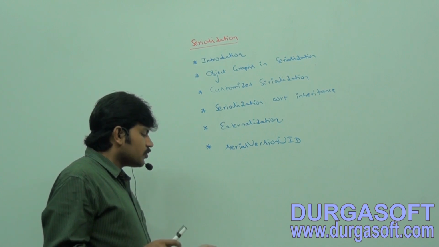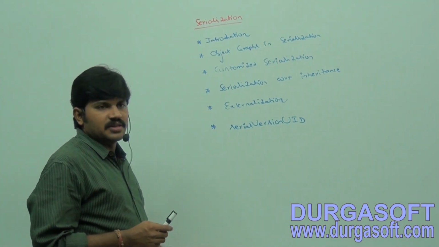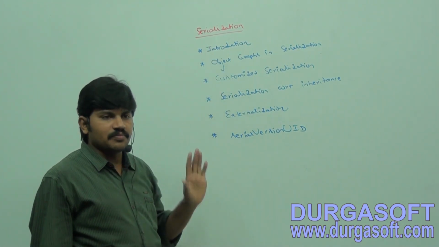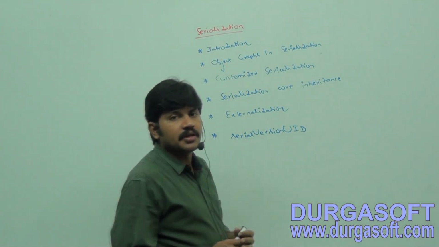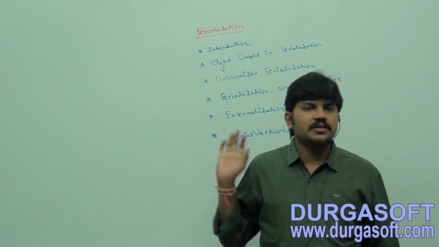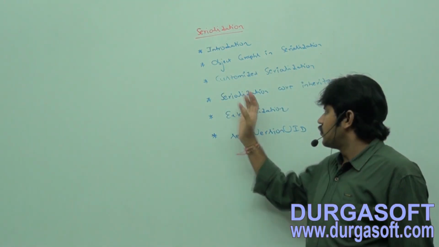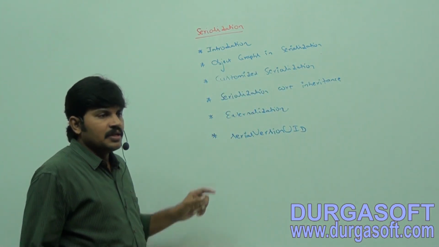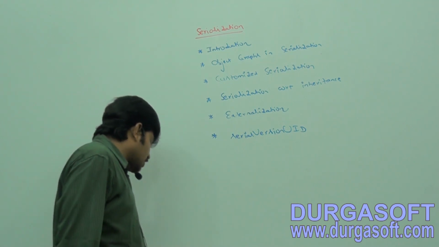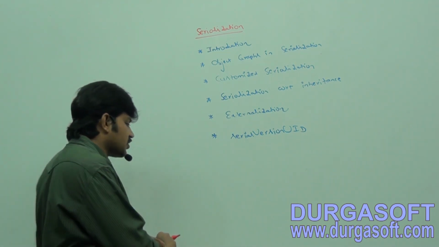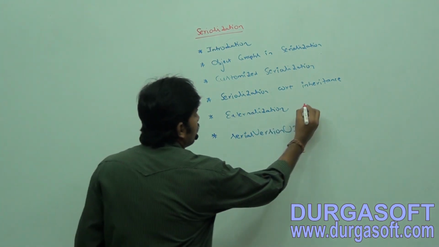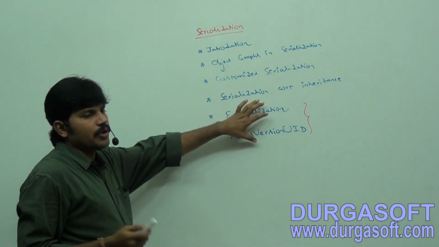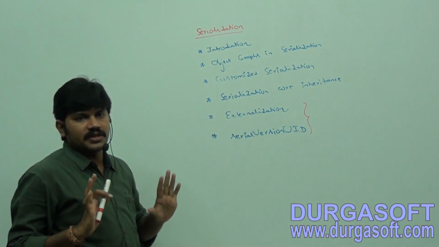Most of the people in our core Java classes, up to what level can we learn? Mostly the introduction part. But for SCJP, we should be aware of each and every thing in serialization, compulsorily, with respect to serialization terminology. The last two topics are purely related to the interview room, nowhere related to our SCJP exam.